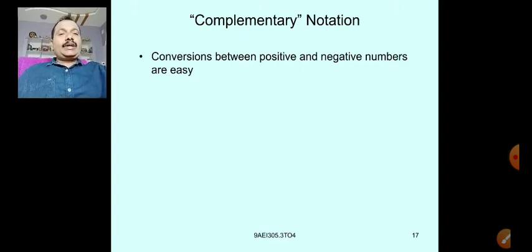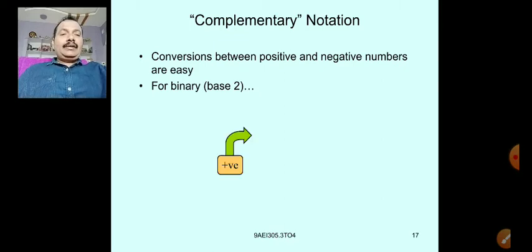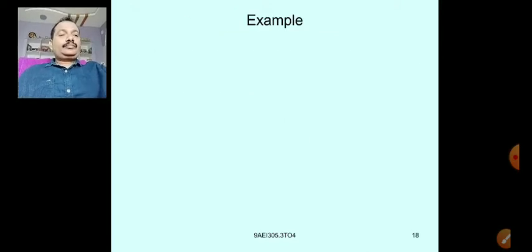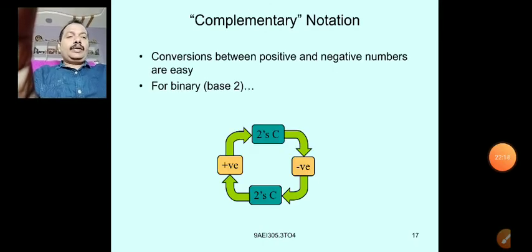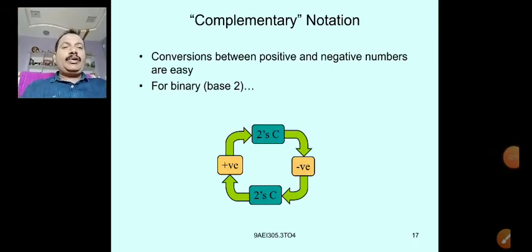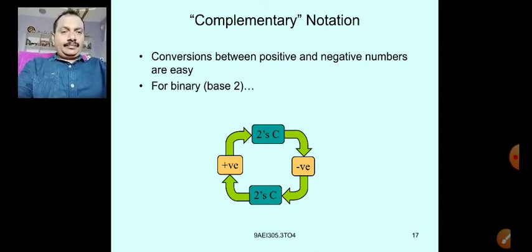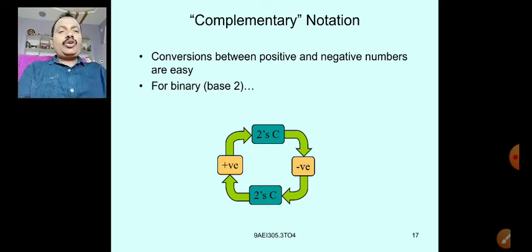Okay. Next, complementary notation. Conversions between positive and negative numbers are easy. Now, if you observe this complementary notation, once you 2's complement the positive number, you will convert that positive number into a negative number.